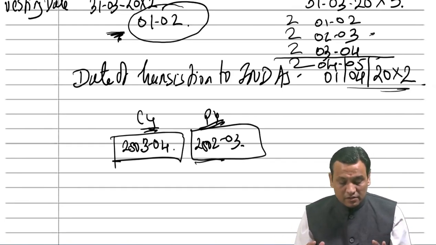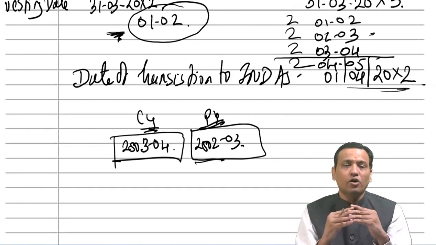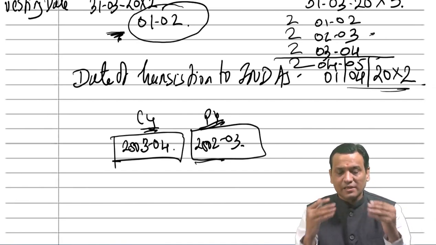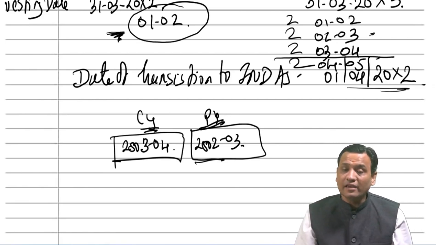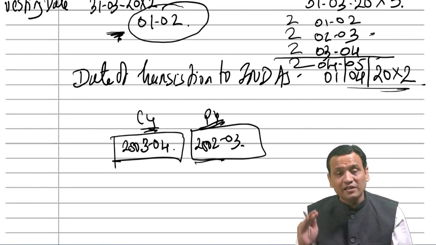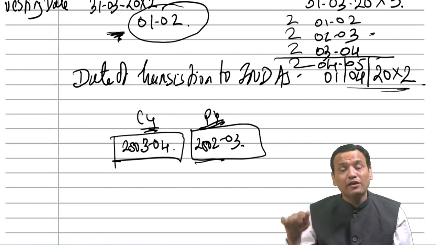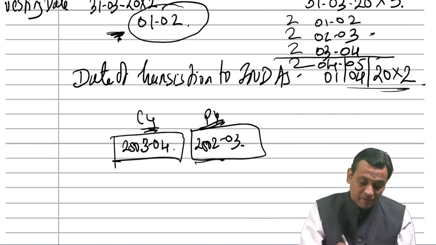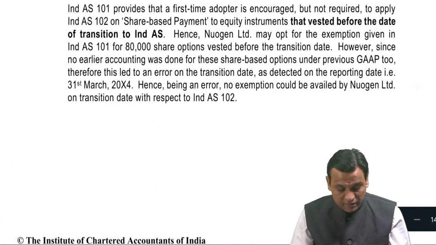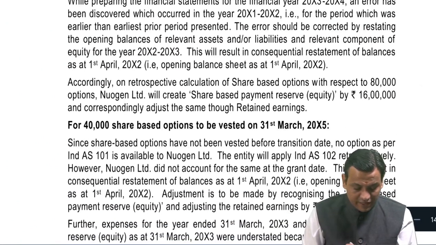So friends, 3 standards got combined. First time adoption, 102, and of course there is an error, and this error pertains to the previous year as well as the period prior to the previous year. Hence the changes will be made in the opening balance sheet. We have a solution here in front of you. You may just have an idea with respect to it.